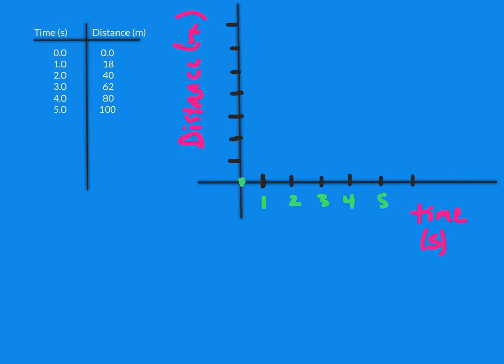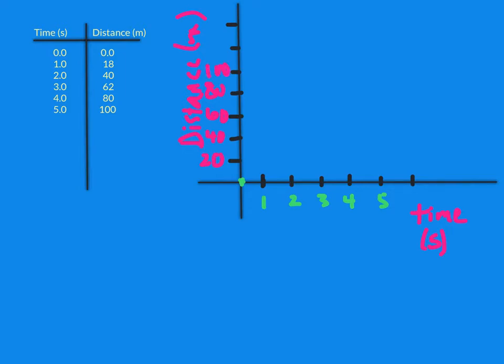On my distance information, I have 0 to 100 meters, and so I want to spread that out as far as I can. So I have 1, 2, 3, 4, 5, 6, 7 spots. I can divide 100 by 5 and use 5 spots out of those 7. Again, you don't want to make yourself crazy. Use things that are easy to plot. So we'll go by 20s here. 20, 40, 60, 80, 100.